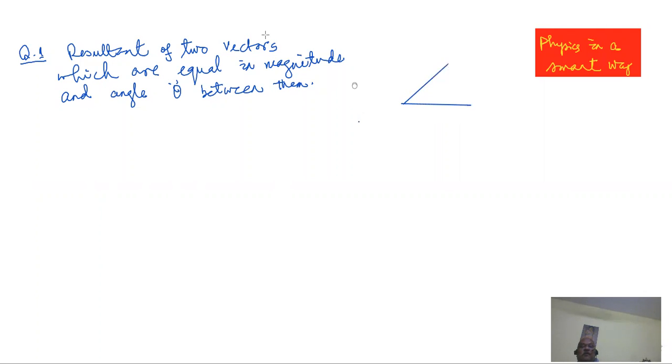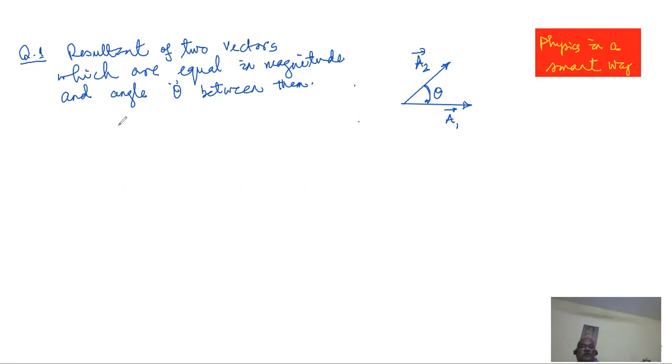Let us say the first vector, we can name it A1 vector. Second is A2 vector. We have to give an arrowhead and angle theta between them. We are interested in their resultant.